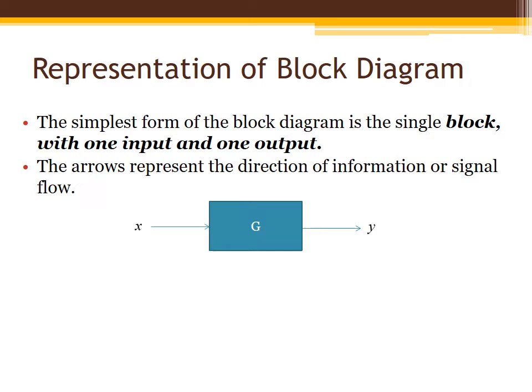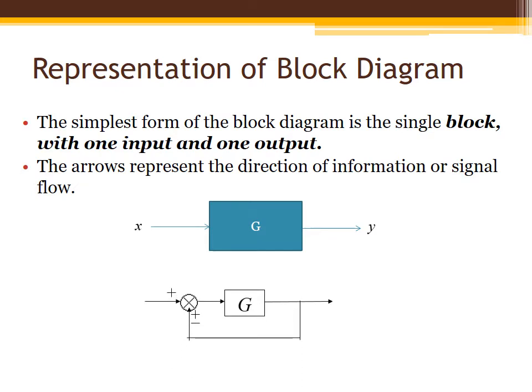The first one is the block. The simplest form of the block diagram is a single block with one input and one output. Here X is the input and Y is the output. The arrow represents the direction of information or signal flow. G is the gain of that block.